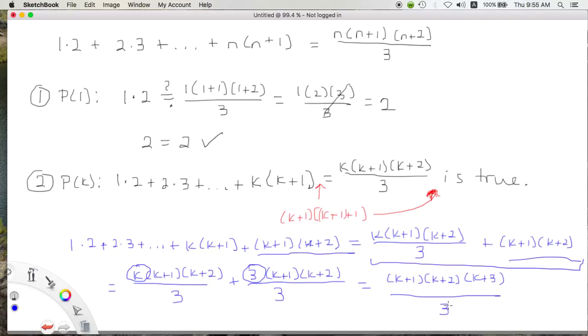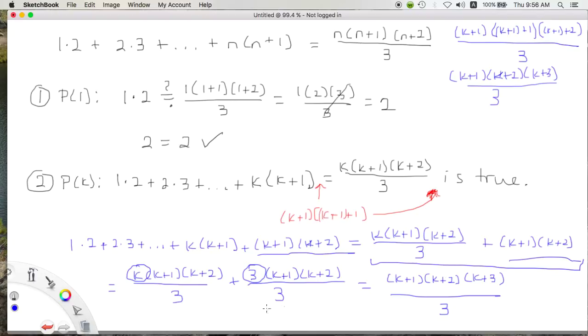Now, if you look at this, this is the statement for p of k plus 1, because what's our statement for p of k plus 1? Well, for this to be true for k plus 1, we'd have k plus 1 times k plus 1 plus 1 times k plus 1 plus 2 all over 3, which would be k plus 1 times k plus 2 times k plus 3 all over 3.